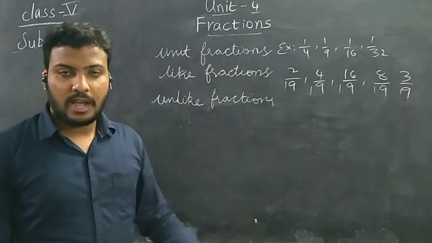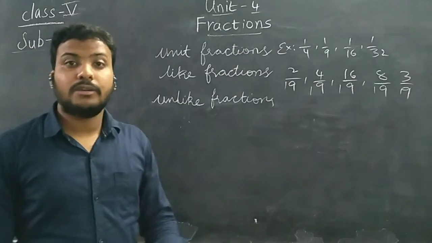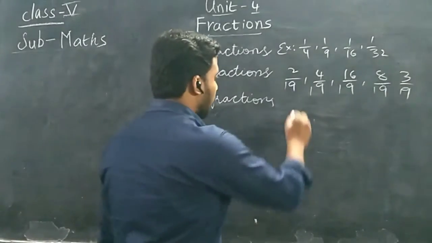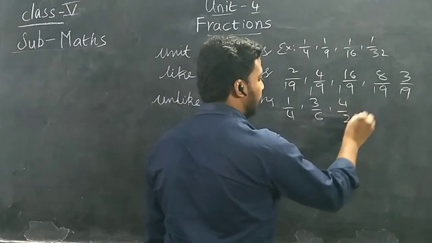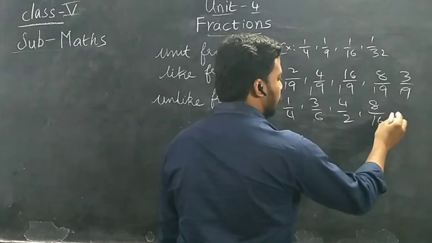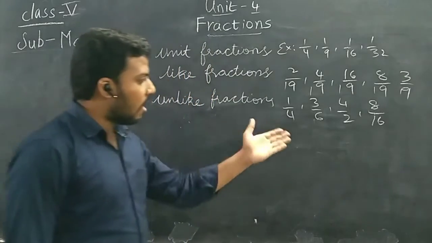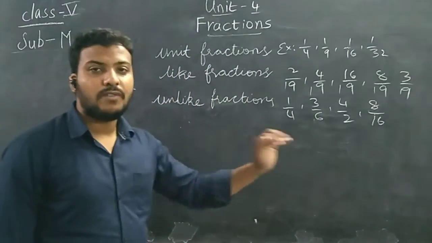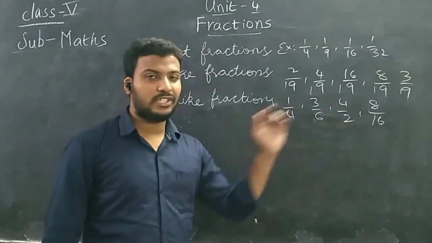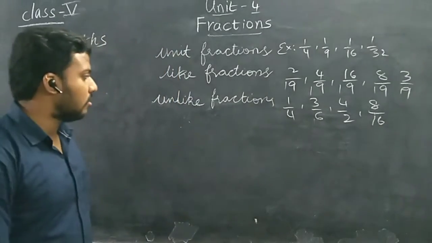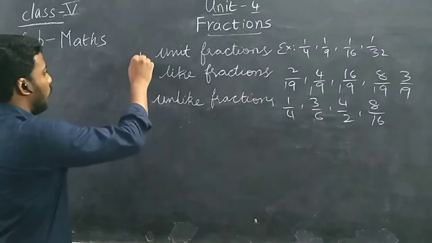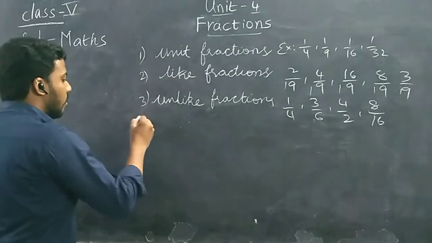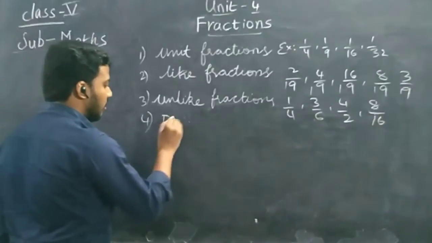So 1 by 4, 3 by 6, 4 by 2, 8 by 16. If you observe the denominator's place, there are different values: 4, 6, 2, 16. So this type of fraction is called unlike fractions. Understand, children? Next, the fourth one is the proper fraction, children.